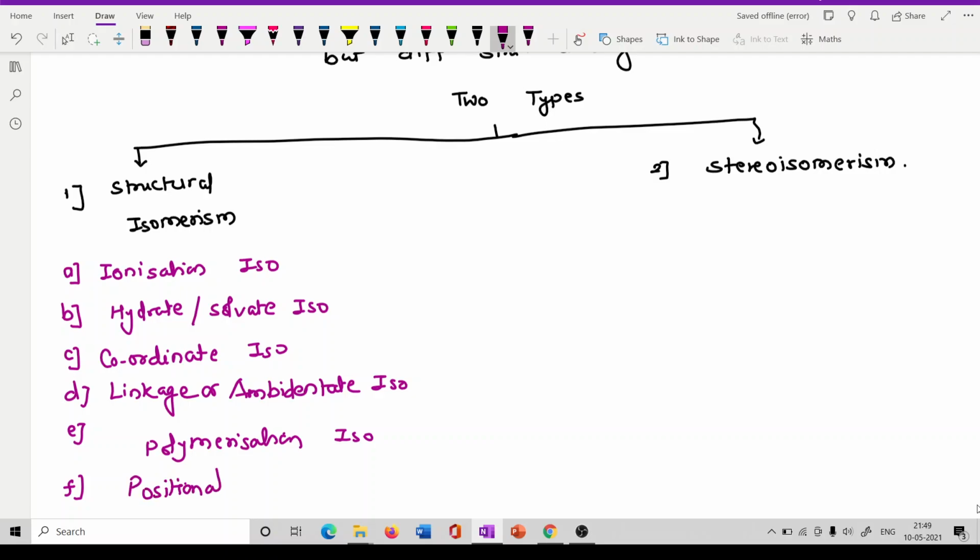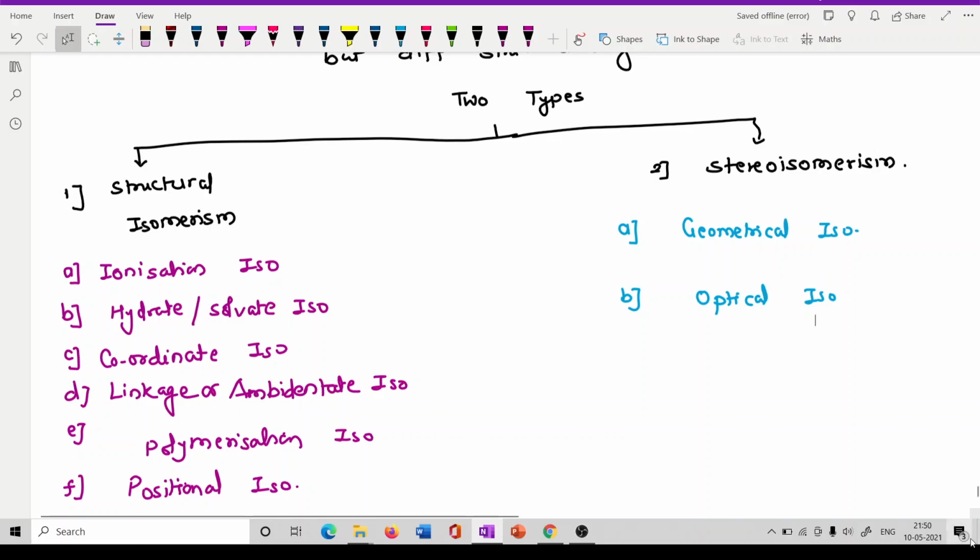Stereoisomerism gets classified into two parts. The first one is geometrical isomerism, and the B part is optical isomerism. So this is the broad classification of isomerism.